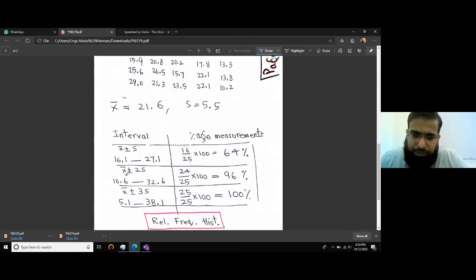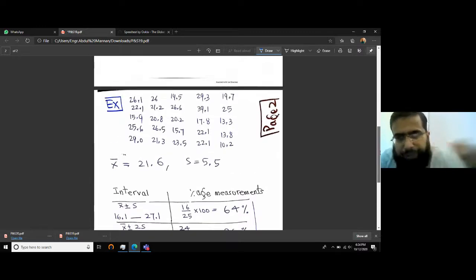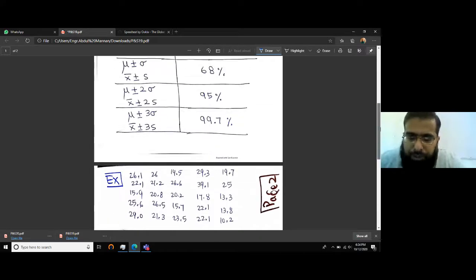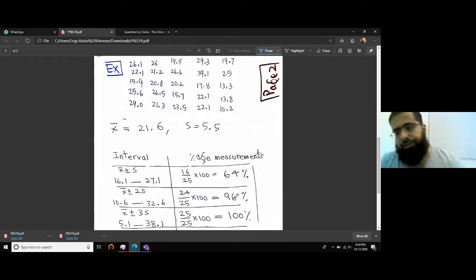In the second interval, x bar plus minus 2s, we get 96%. And what does the rule say? The rule says that they should be around 95%. So what we have got, 96%, is around 95%. And in the interval x bar plus minus 3s, we should get 99.7%, but we actually get 100%.